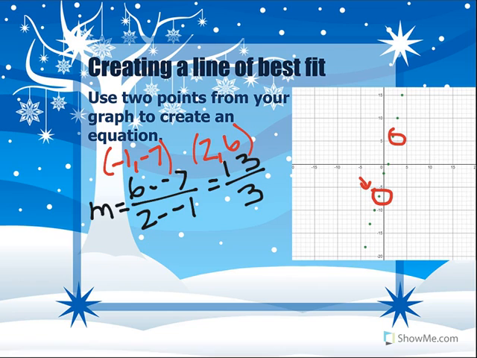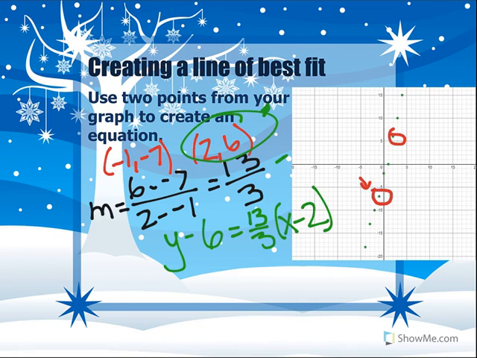Then I'm going to use one of my points. I'm going to use this one. It doesn't matter which one. Now I can create my equation of my line using the slope that I found. I'm going to use point-slope form because I have a slope and a point: y minus my y value equals slope times x minus my x value.